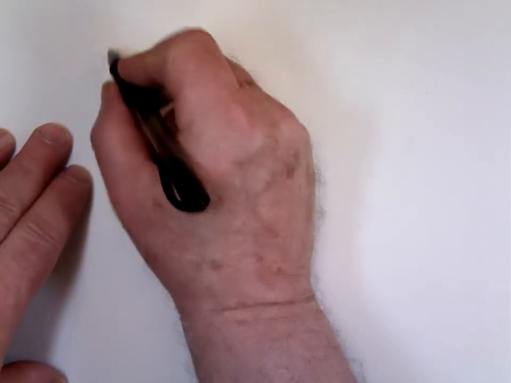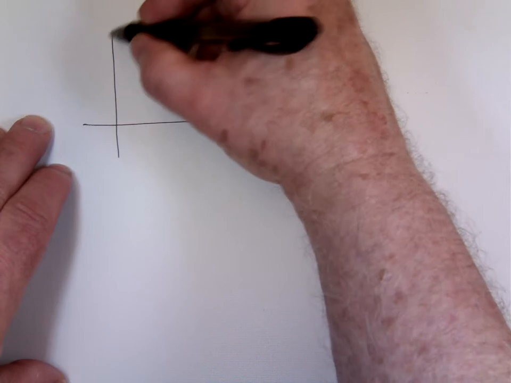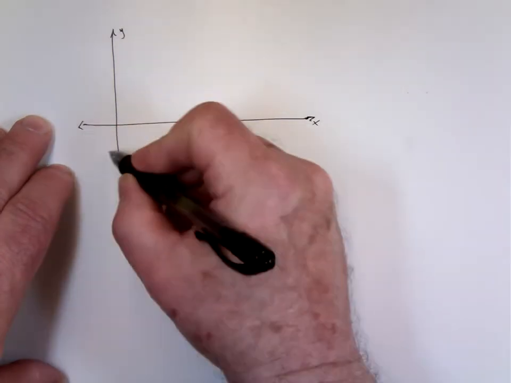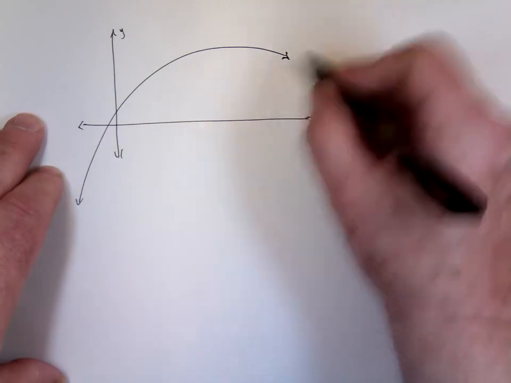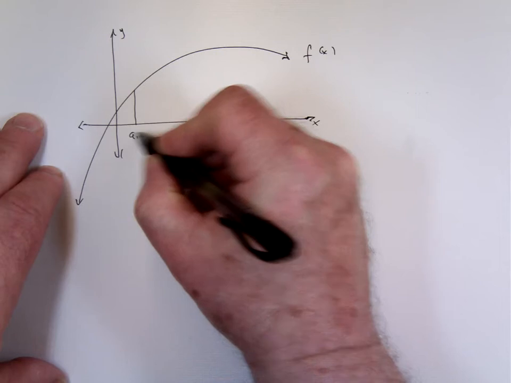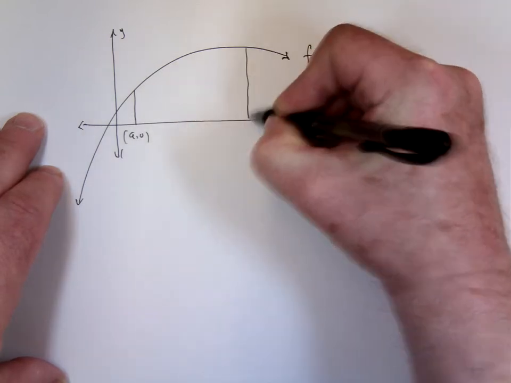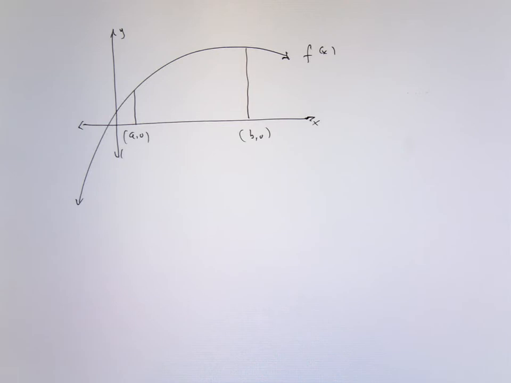Here's the problem. We're given some function of x from A to B. We're going to whip this function about the x-axis.